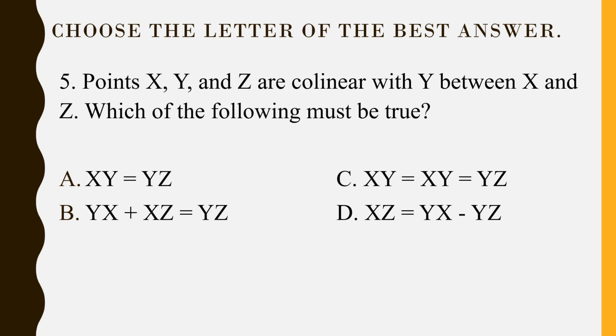We have points X, Y, and Z that are collinear with Y between X and Z. So let's see, if this is Y, it is between X and Z. Which statement must be true?